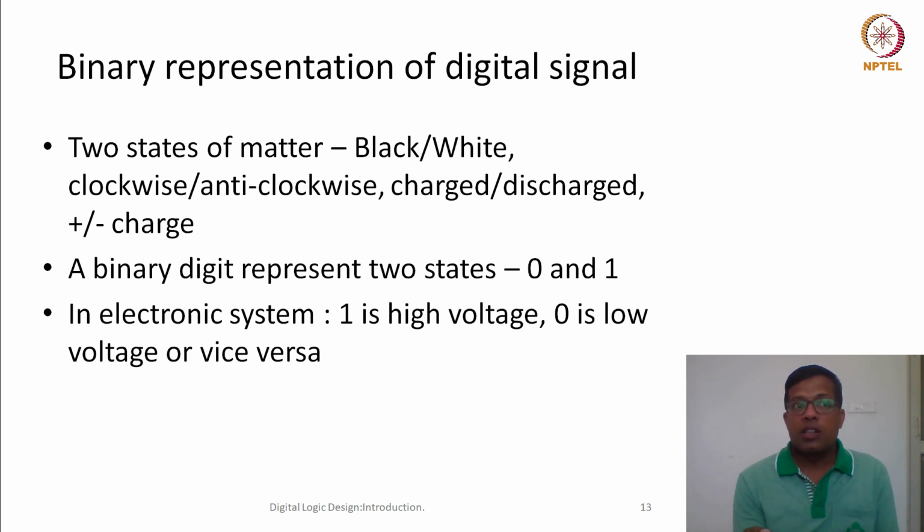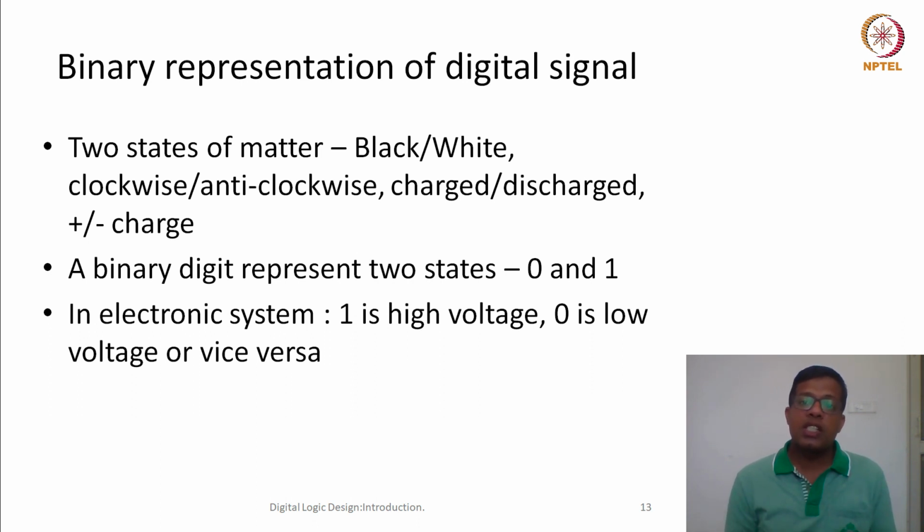Binary means the value would be either 0 or 1. Taking a clue from there, we can represent any particular state or value using binary representation. In this representation, one digit represents one binary number, which means it is either 0 or 1.